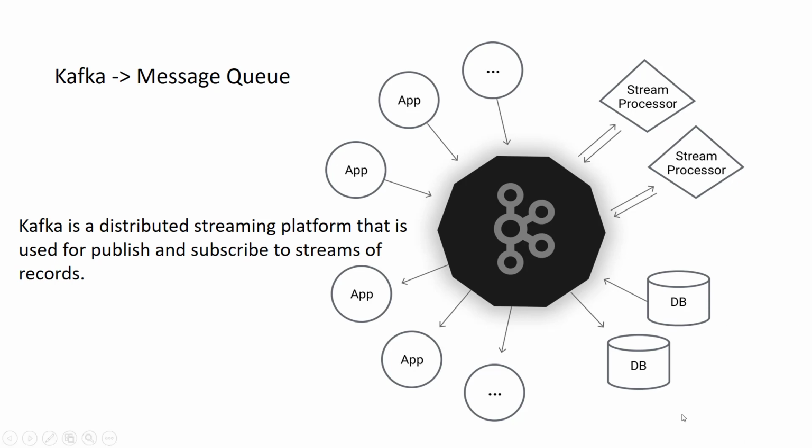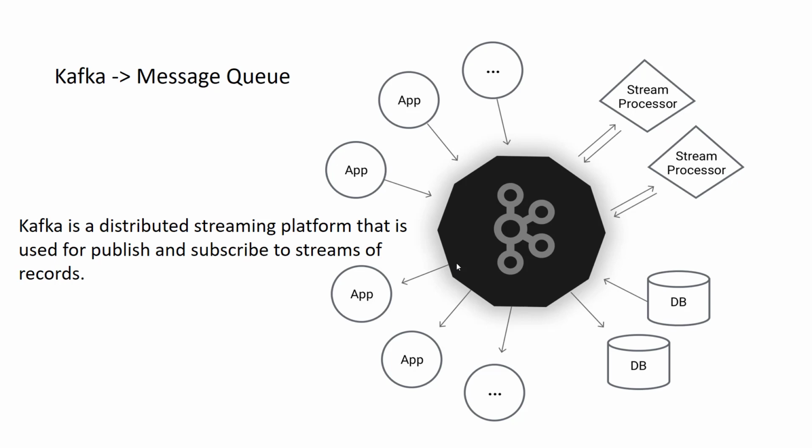As you can see from the diagram, from these apps we are passing the message, and this stream processor connects to these microservices. This is the main part of Kafka: to send streams of records from one component to another component.